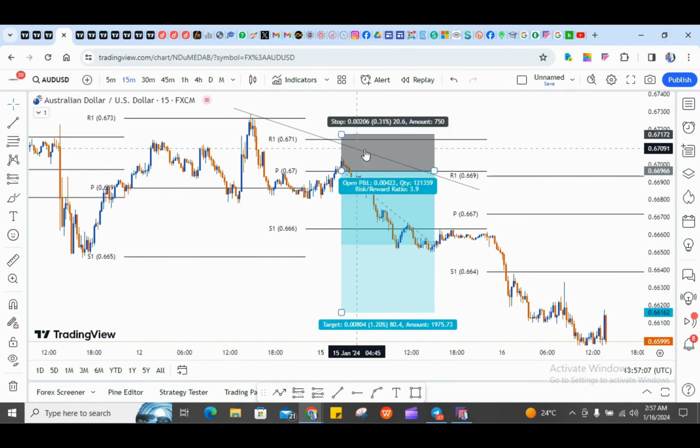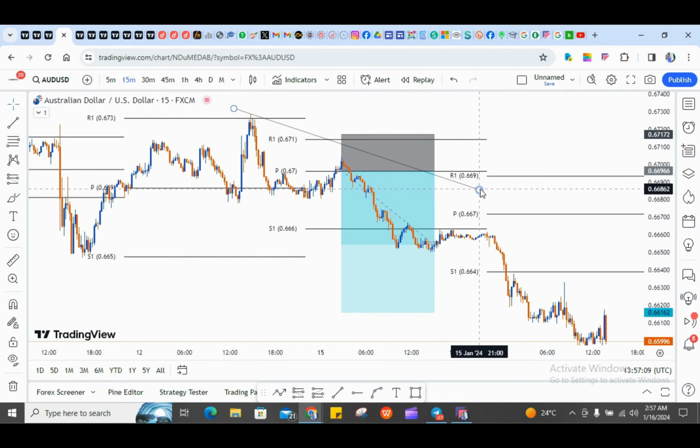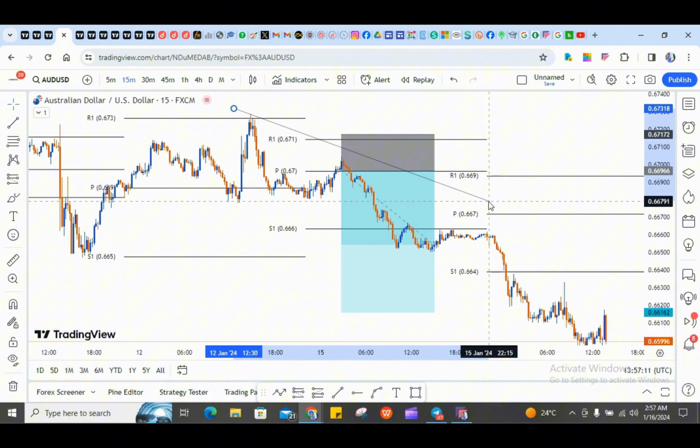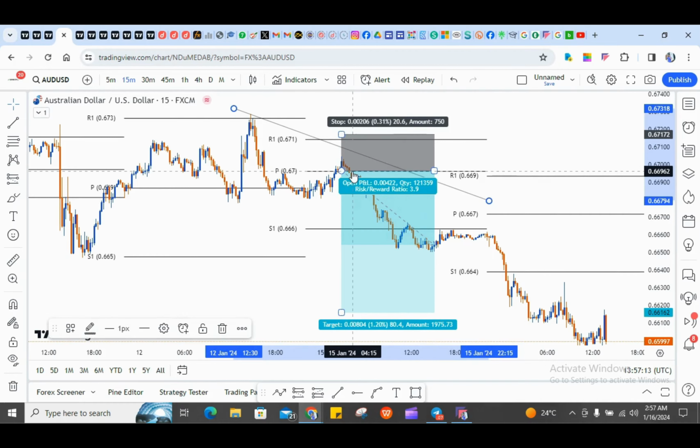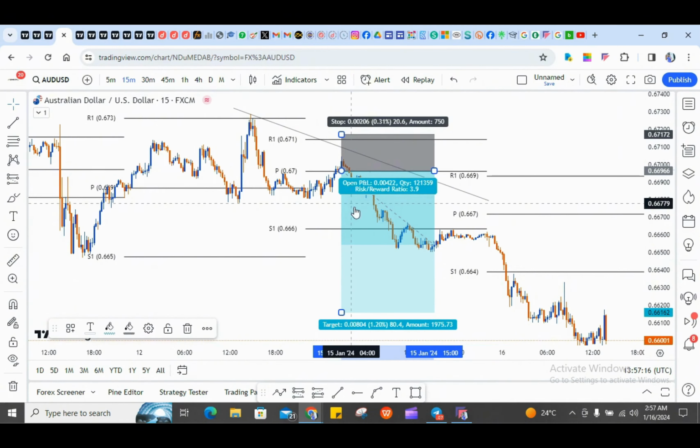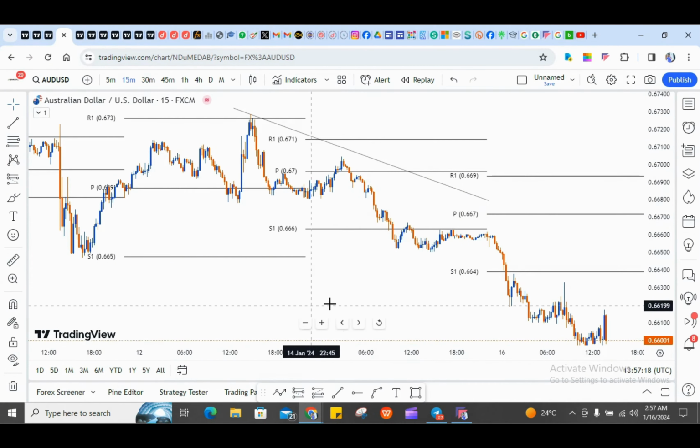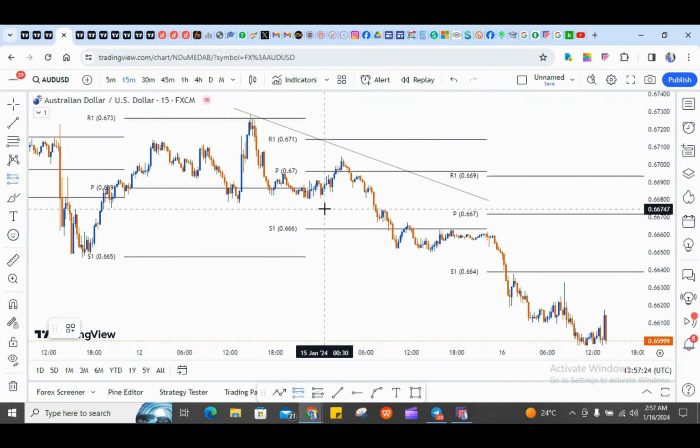You draw your trend line down just a little bit around your pivot point here. Then you put your entry on the pivot point itself. So let me just delete this and bring the entry back. Put your entry on the pivot point itself around here. All right. So let's say before you entered, price was around this place, dancing around, coming up, coming down.